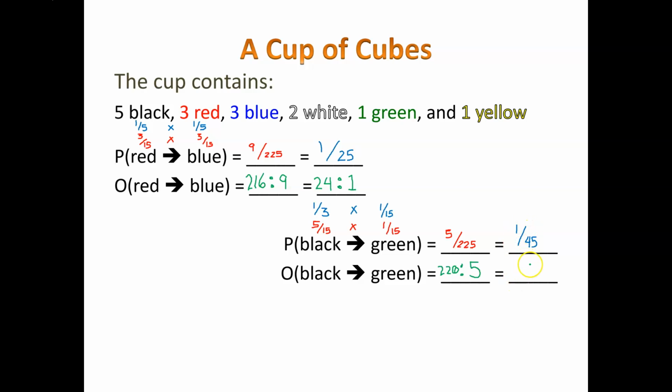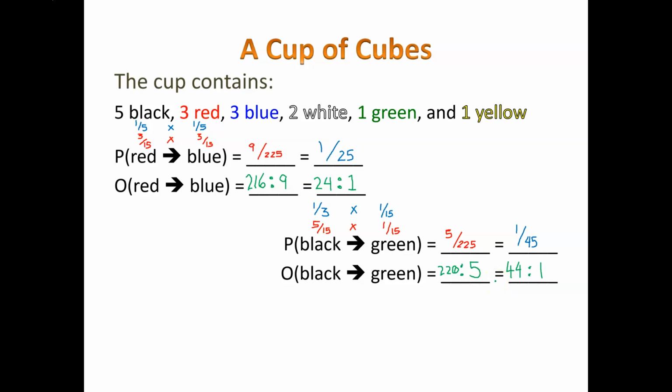Either way will work. So 1 out of 45, that's one way to win. 45 total possibilities, one way to win. All the rest are losers. 45 minus 1 is 44. The odds of black and then green in this setup are 44 to 1.